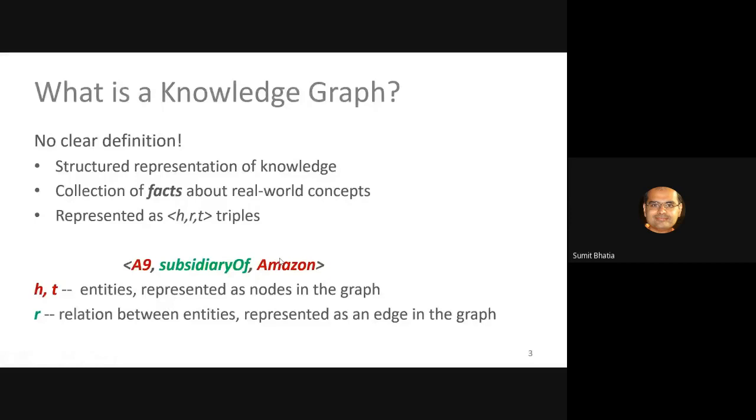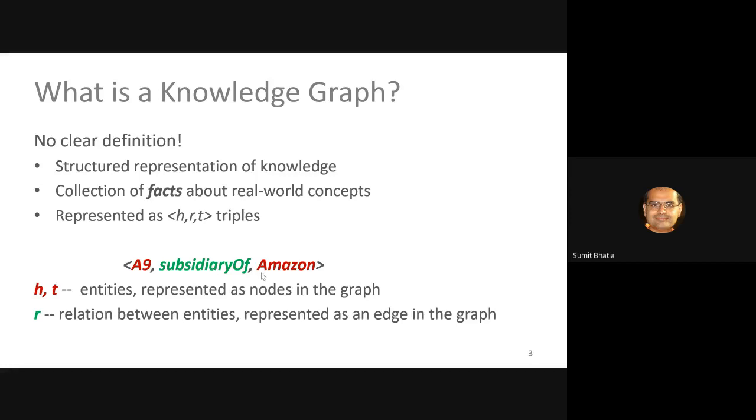The two entities in the real world are connected by the relationship that A9 is a subsidiary organization of Amazon. So this is a real world fact, and we represent it this way. To represent the fact, we need three things: two real world entities, and the connection between them. All the knowledge about the world can be encoded in terms of these triples.